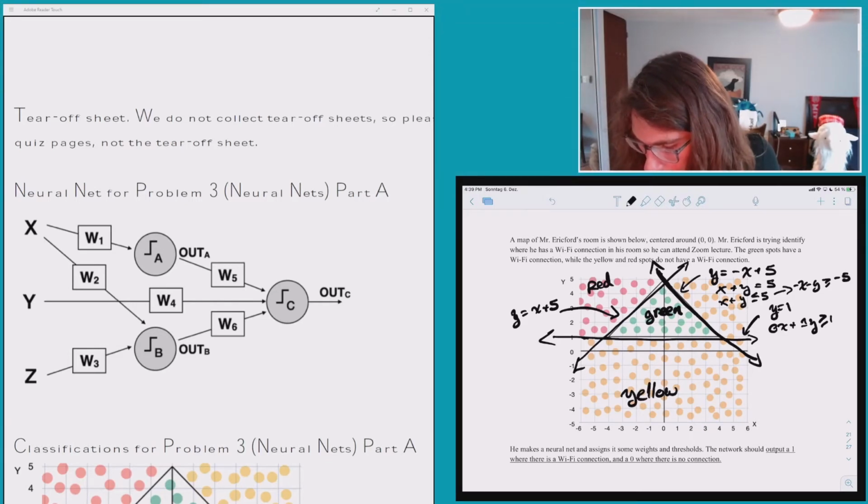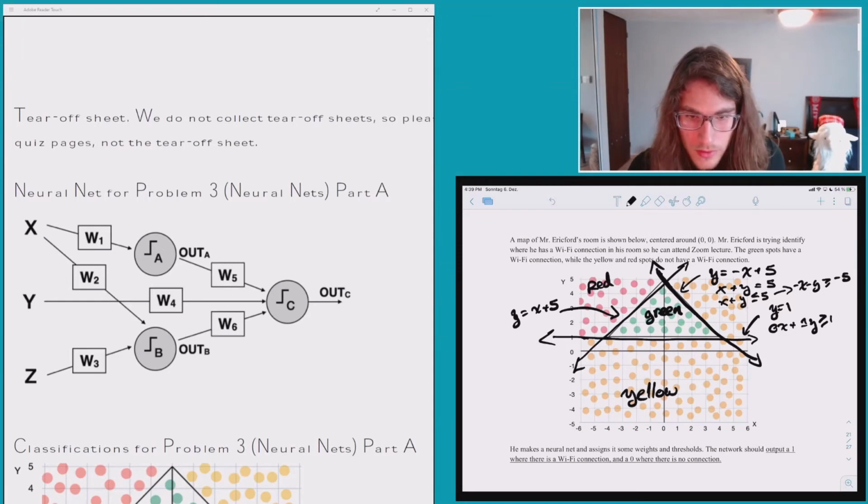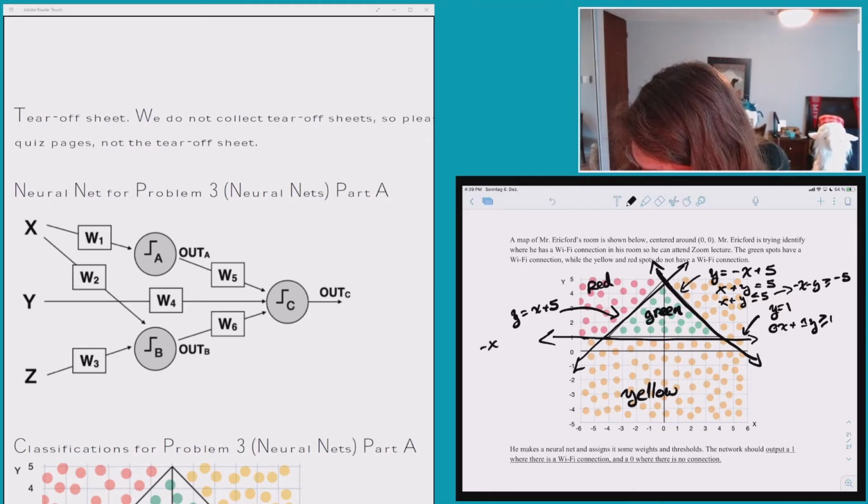So that's my first thought. And for the other one, let me catch up to my own notes. This is negative x plus y is equal to 5.